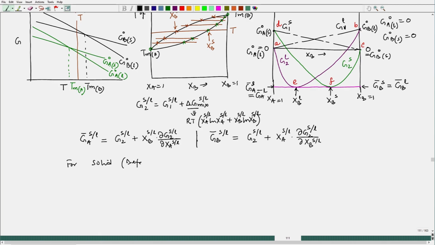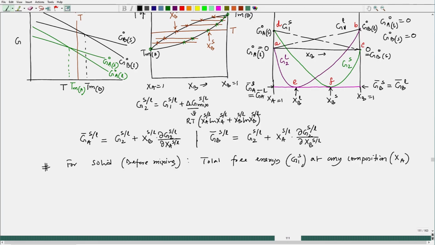So if we try to find the total free energy G1 solid before mixing at any composition, that composition we will take as per X_A.